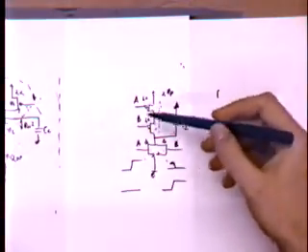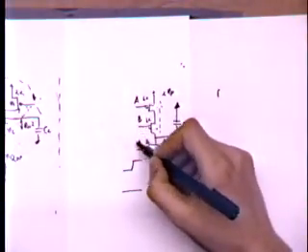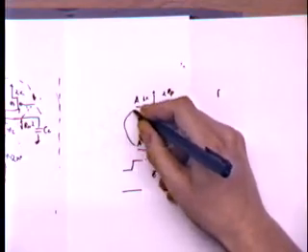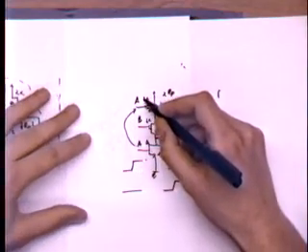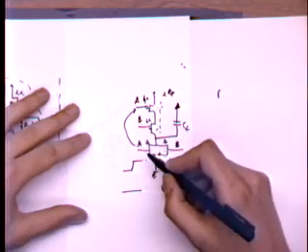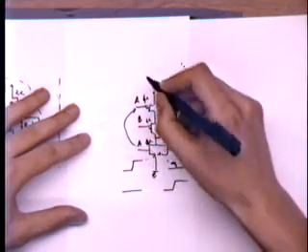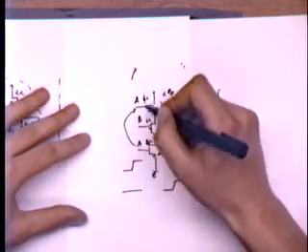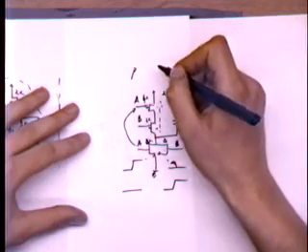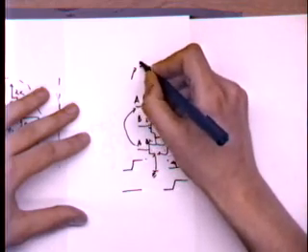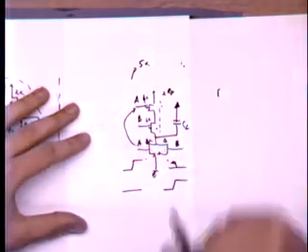Well, you can see that for the same delay, the NOR has this 4x PMOS and this 1x NMOS, so the input capacitance of the NOR gate is 5x, okay?